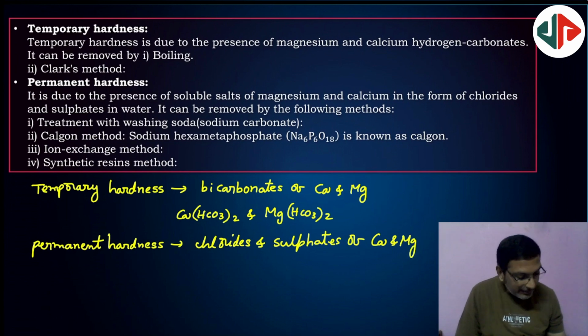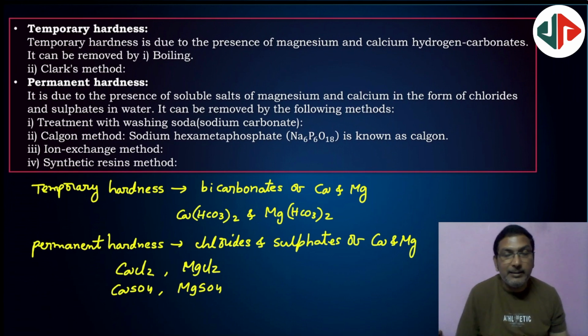Chlorides and sulfates means CaCl2, CaSO4, MgCl2, MgSO4. These compounds are responsible for permanent hardness. Remember these ions.